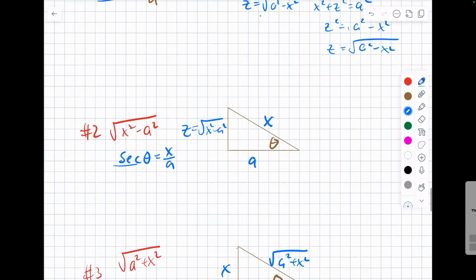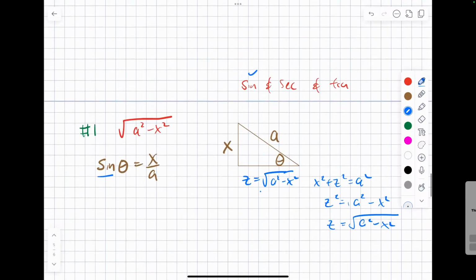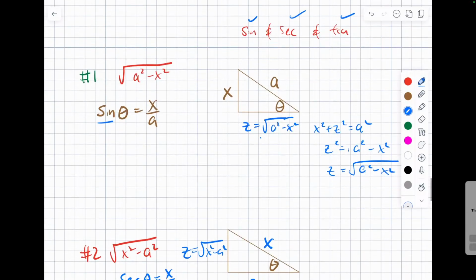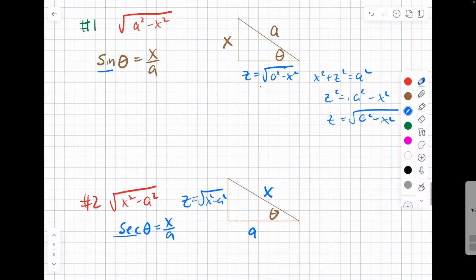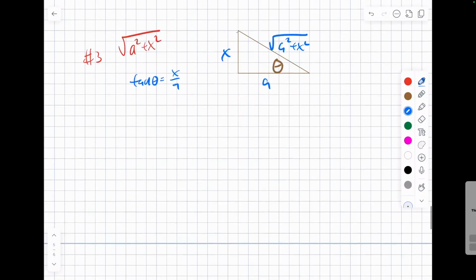This is the hardest part to understand: you get to choose sine, secant, and tangent. Usually they give you a good hint from inverse trig. Then you have to construct the triangle in a certain way. You have to construct this triangle exactly the same way because we're going to go back to this triangle as much as we can.